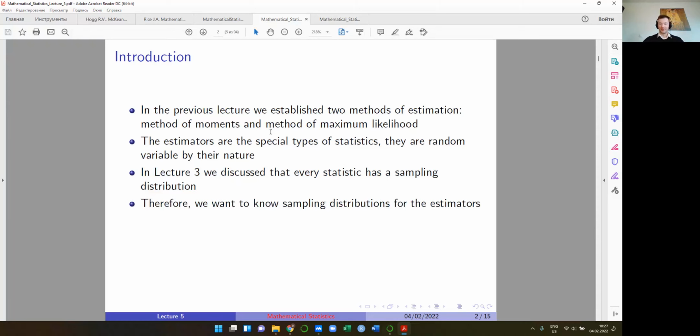Okay, so we want to know the sampling distributions. We want to know how far our shots may be from the target, whether we are very precise and the deviation of our shots from the target is not that large, or our precision is poor and the possible deviation is huge.